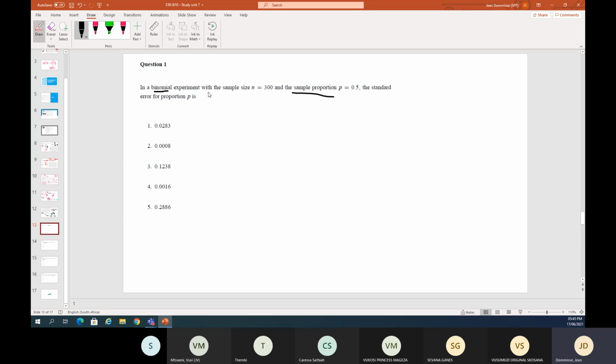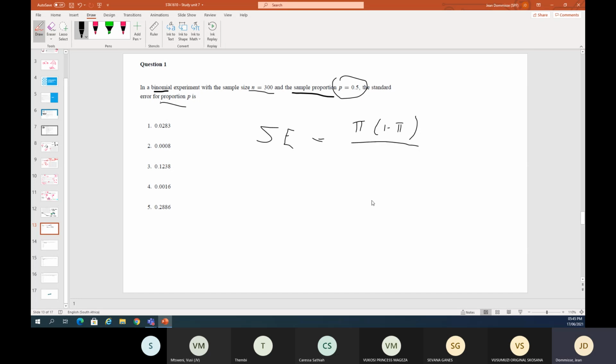In a binomial experiment with a sample size of n equal to 300 and the sample proportion of that, we need to get to the standard error for the proportion.